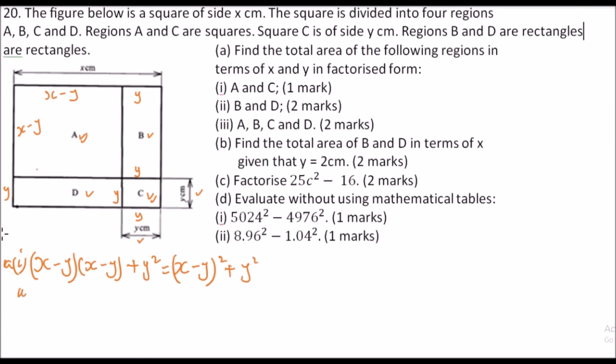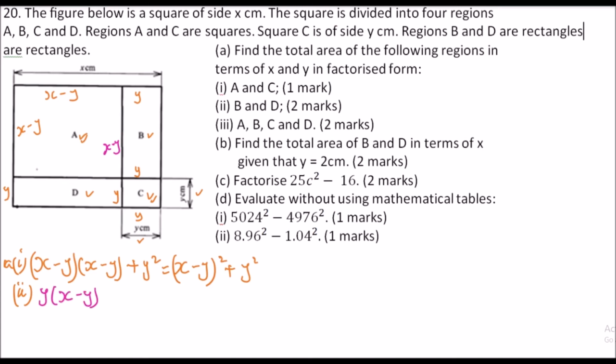Roman number 2, we say B and D. We start with the area of B. Because this side is x minus y, then it is y, you multiply by x minus y.